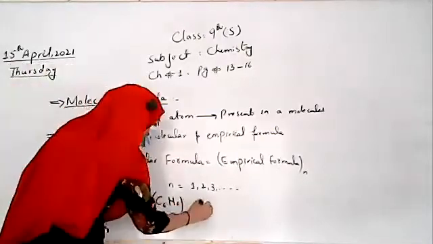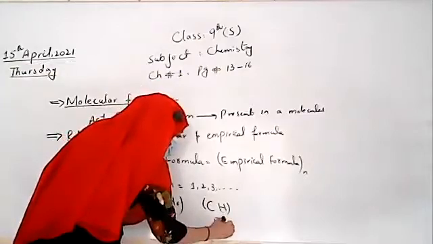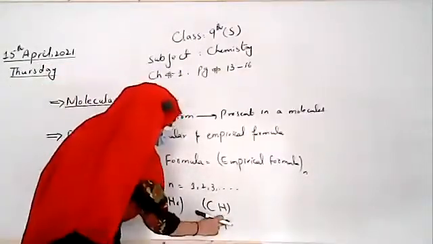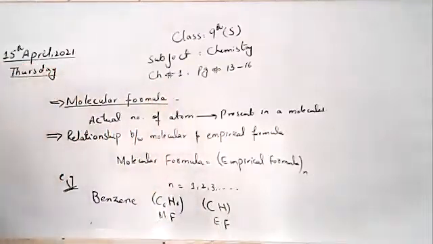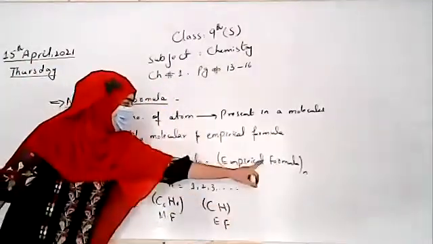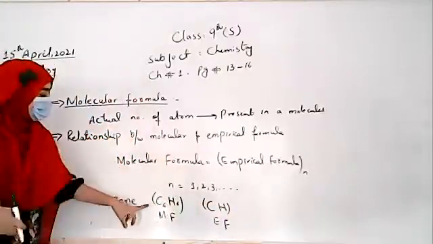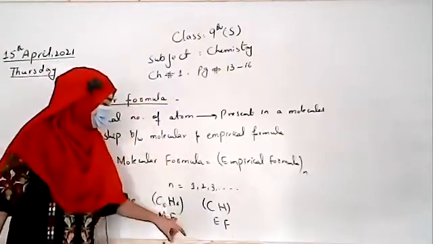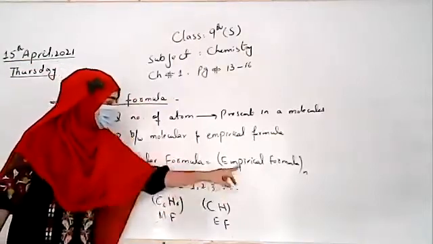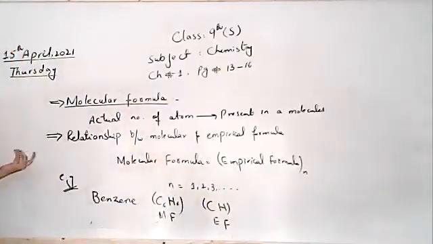And its empirical formula is CH, EF stands for empirical formula. If we put n is equal to 6 here, then we get C6H6. Molecular formula is equal to empirical formula into n, a whole number that equals 1, 2, 3 and so on.